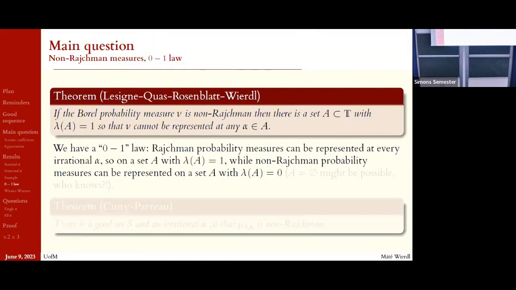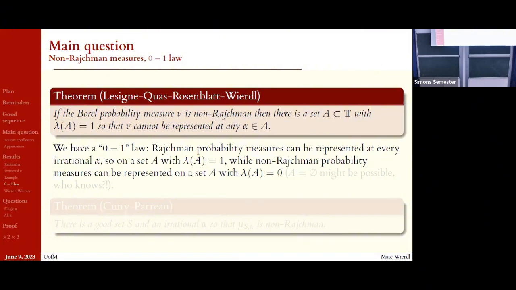So we have a 0-1 law. I don't know if we can call it that, but it actually sounds good. Rajchman probability measures can be represented at every irrational alpha, while non-Rajchman probability measures can be represented only on a set A with 0 Lebesgue measure.